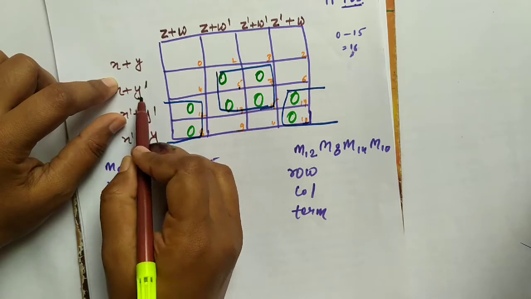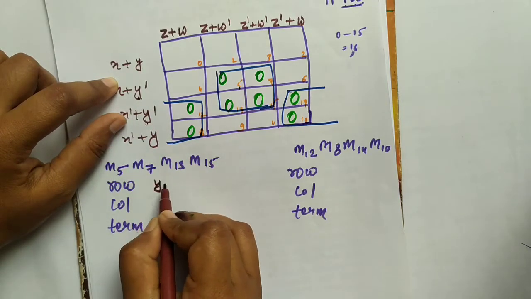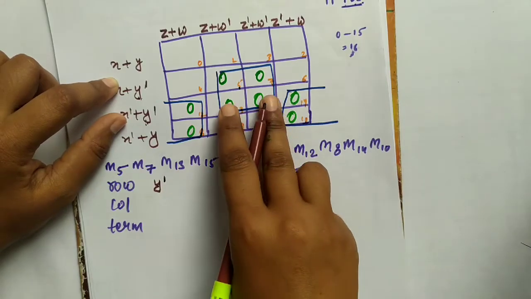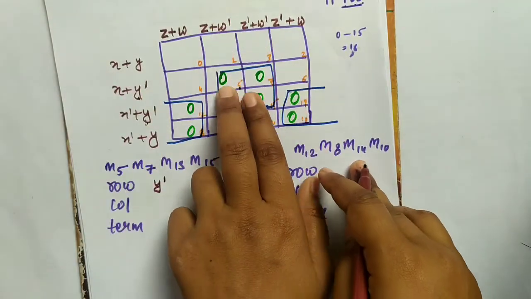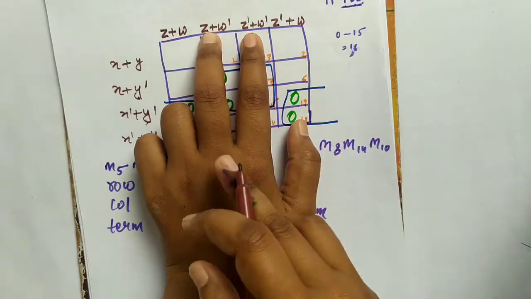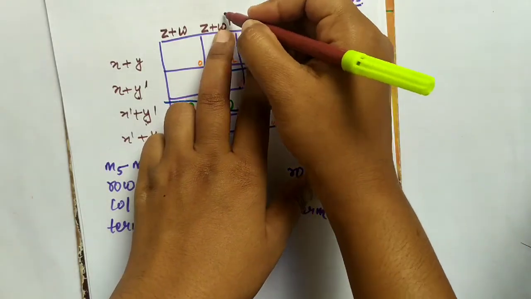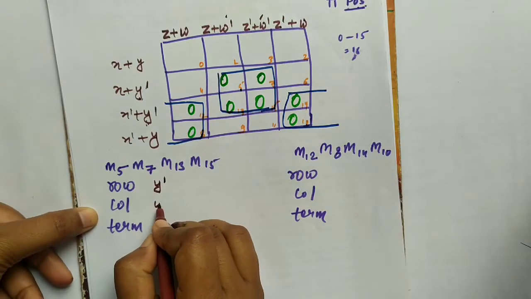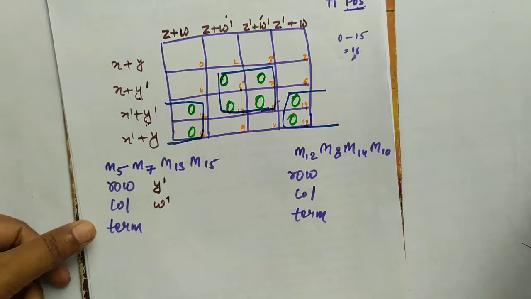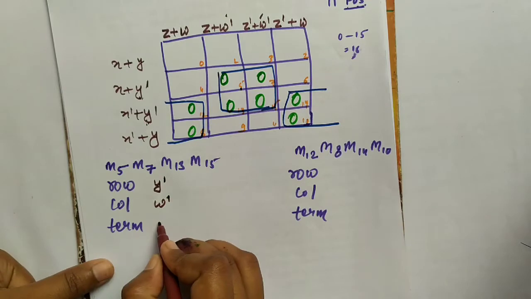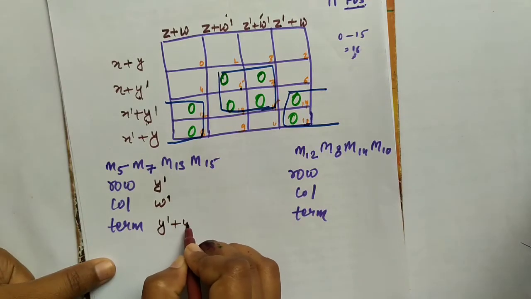That is y dash. It is available in both, so we write y dash. For the column, there is z dash, w dash, w dash. Here also w dash is common, so we write w dash. So the term is y dash plus w dash.